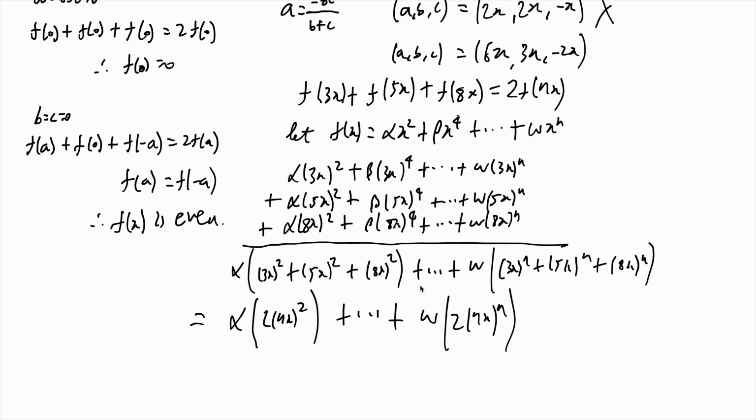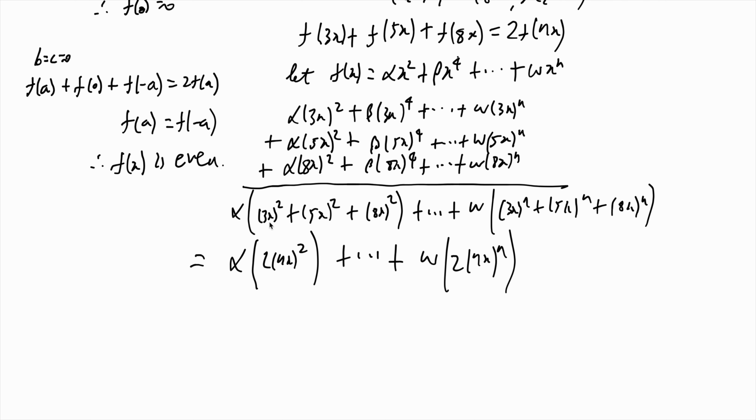Now, for this to be true always, because alpha, beta, delta, and so on until omega are all fixed numbers, they're constants, not variables, we must have 3x to the power of some k plus 5. We just need to find k that satisfies this, that are even.